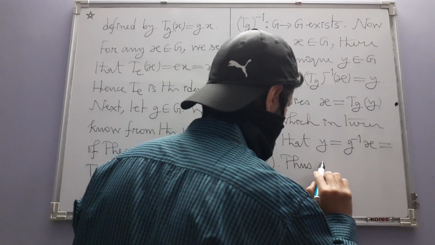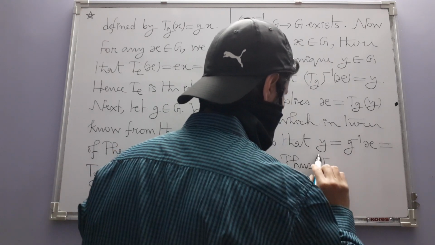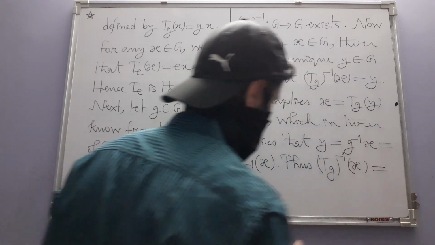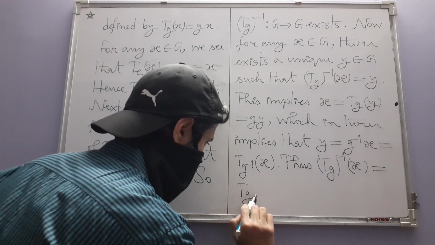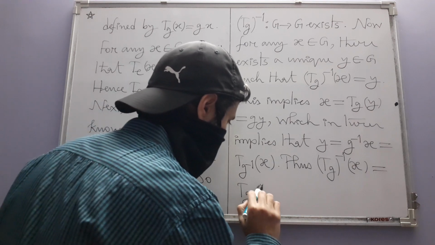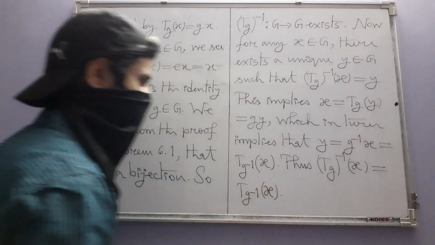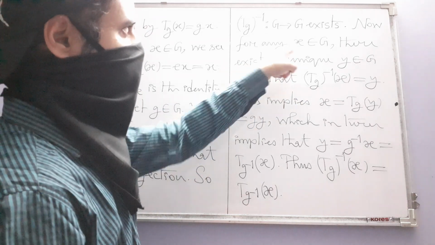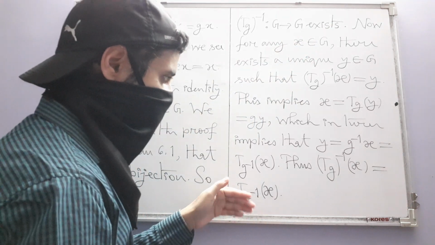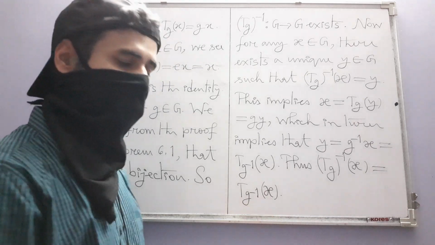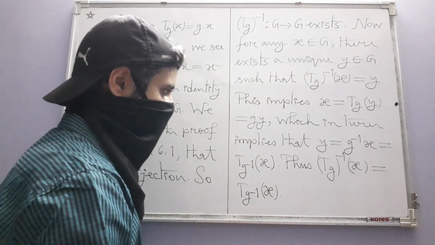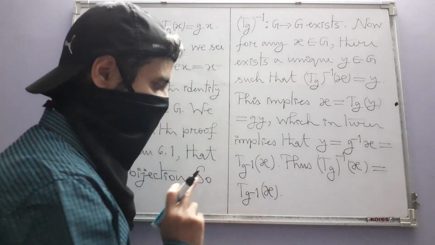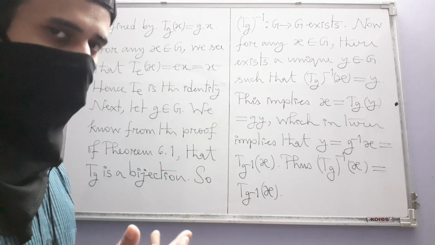Thus, the inverse of T_g applied to x is nothing but T_{g inverse} of x. Now, since x is any arbitrary element, any x in G, this fact is true for all elements in capital G. So as functions, this inverse function and this ordinary function T_{g inverse} are actually the same thing.